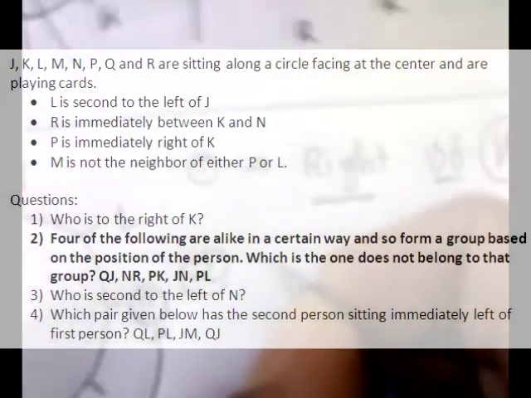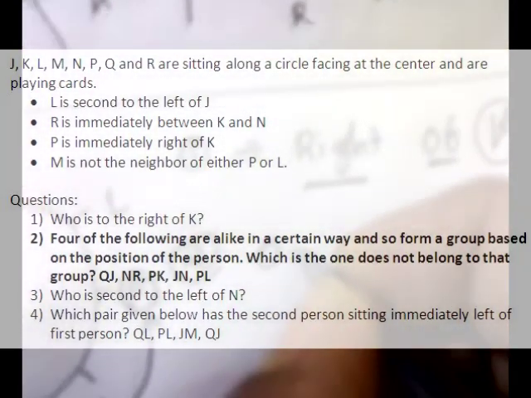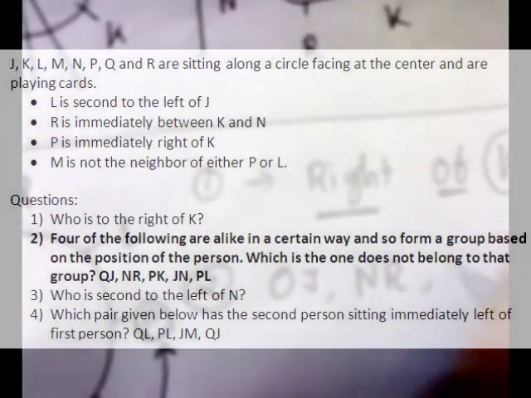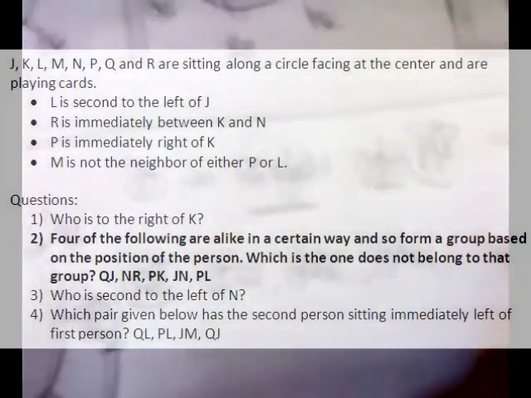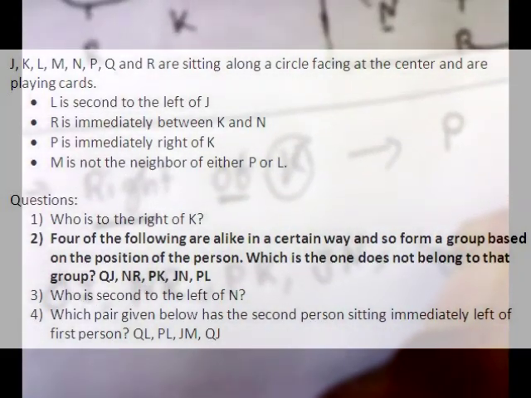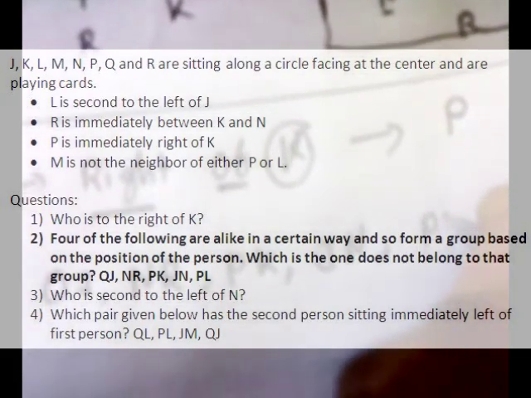The options are: Q J, N R, P K, J N and P L. Now we have to find out which one of these does not belong to the group.